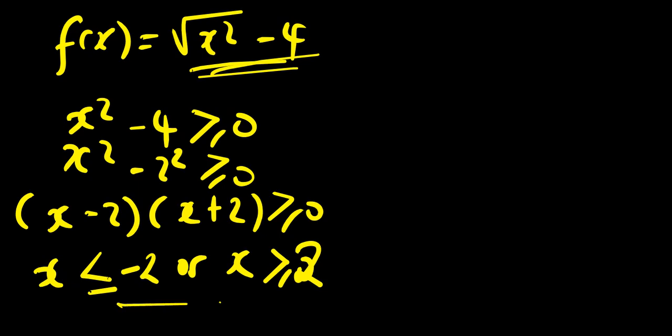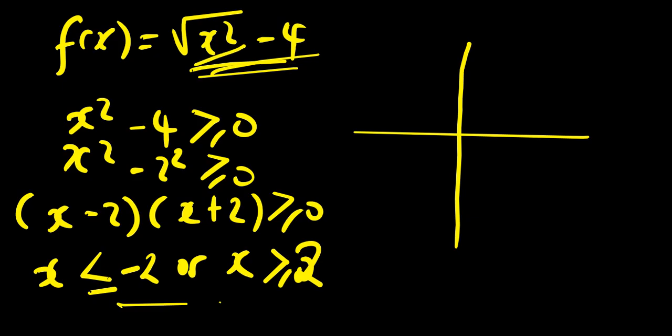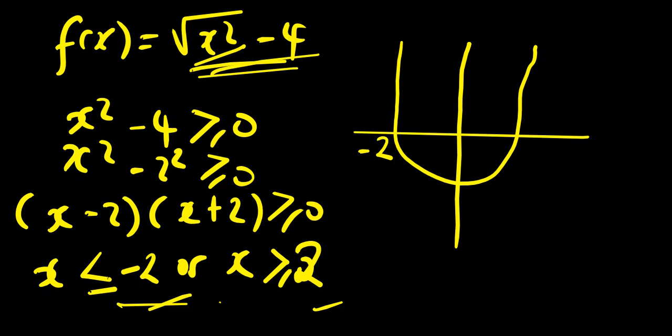Not drawn to scale, but just to get the concept: since this is x squared, the function opens upward. We've got our critical points -2 and 2, with -2 on one side and 2 on the other.